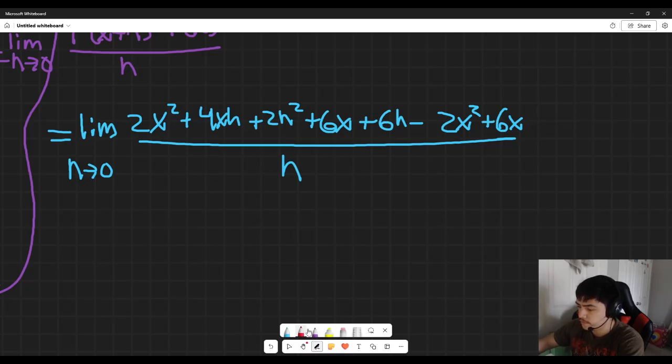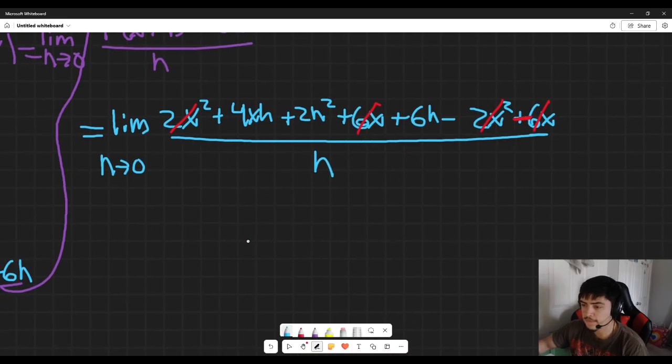So now look, we have a 2x squared minus 2x squared. Those can cancel. Now we have a 6x minus 6x. Those can cancel as well.